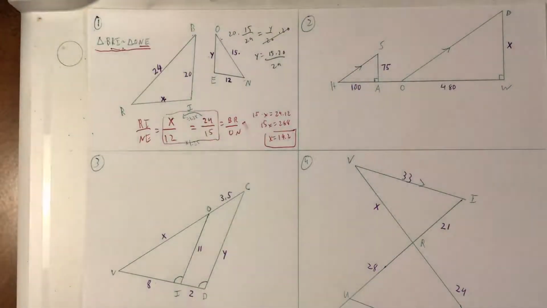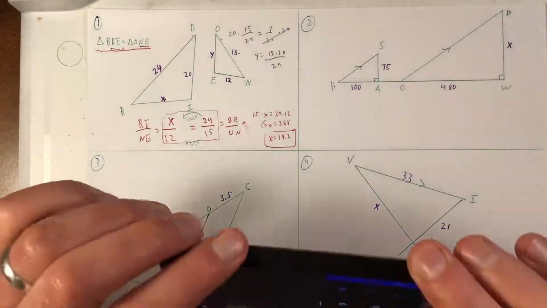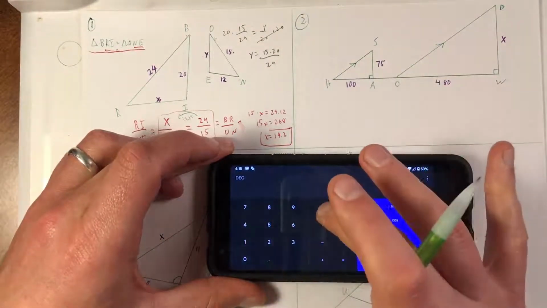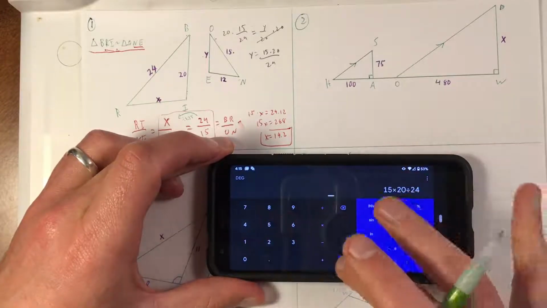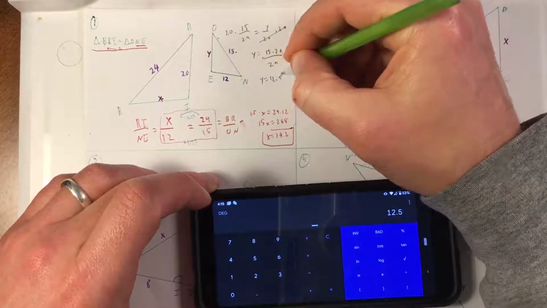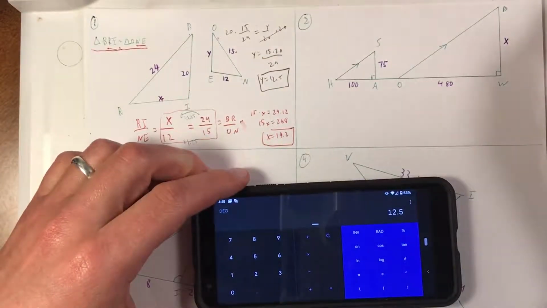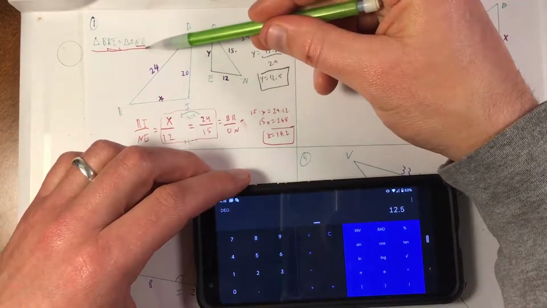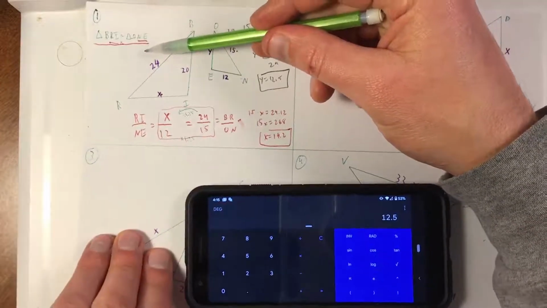Using the calculator, 15 times 20 divided by 24, we get 12.5. There we go. Now we can only do this because we know the triangles are, in fact, similar.